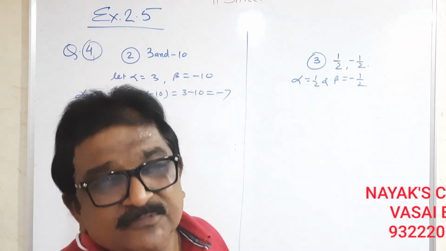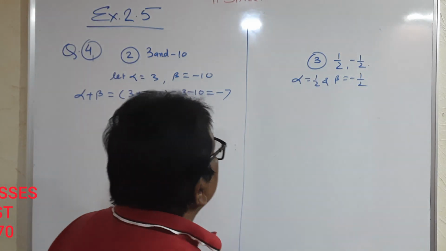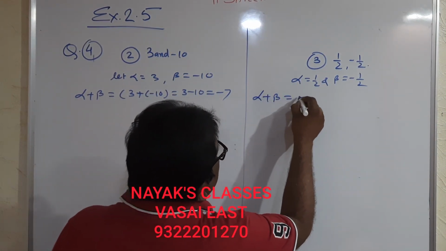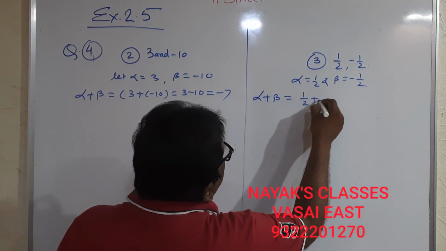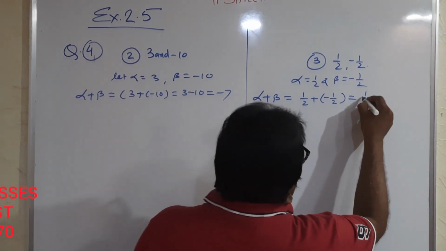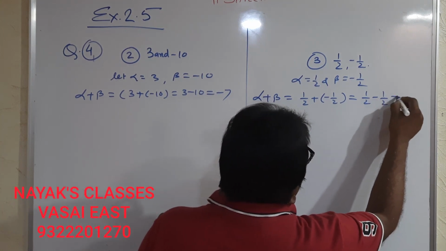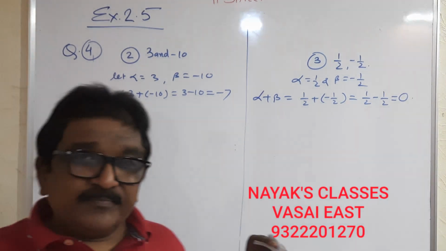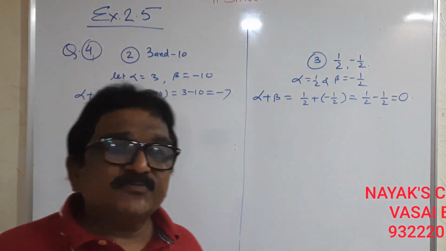Simple algebraic sums. Here it will be alpha plus beta is equal to half plus minus half is equal to half minus half is equal to 0. So in both examples we got the value of alpha plus beta.